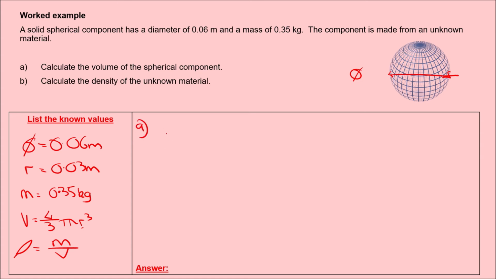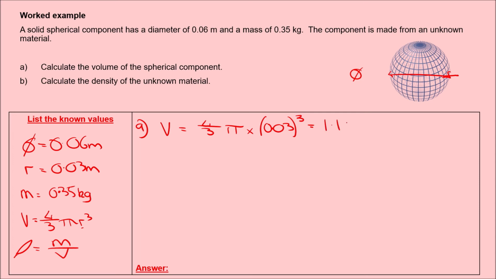So first part, I'm going to do volume is equal to 4/3 pi times radius cubed, radius being half my diameter, and I'll pop that in some brackets just in case. So I'm going to get an answer, and again, don't take my word for it, pop it in your calculator and check it yourself.